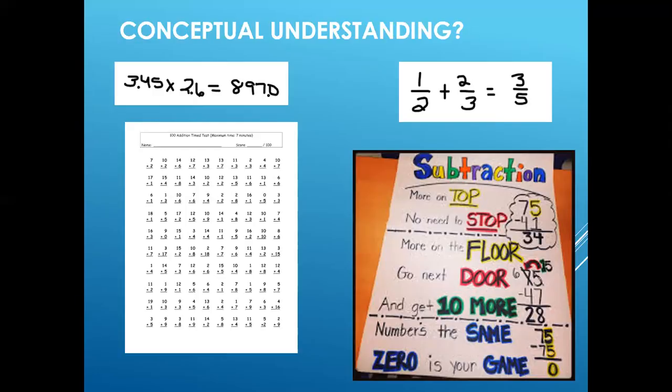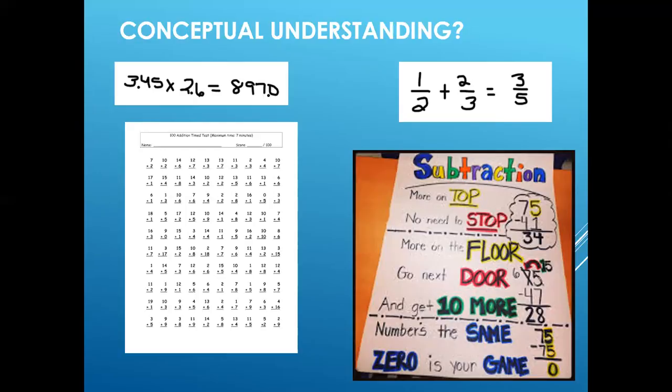I do a time-up where kids can have as much time as they want, within reason. Obviously, we're not going to spend 30 minutes on 15 problems. However, when they're done, I put the time at the top, and I have discussions with them.